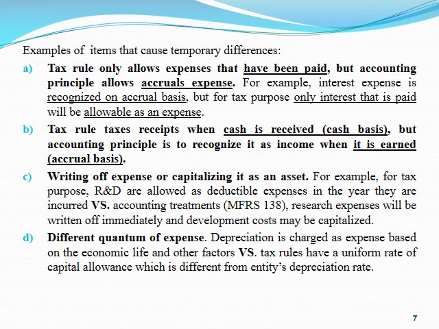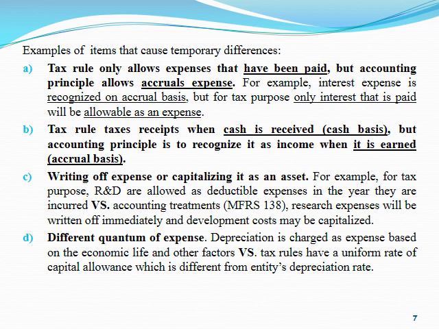Examples of items that cause temporary differences are: A, tax rules only allow expenses that have been paid, but accounting principles allow accrual expense. For example, interest expense is recognized on accrual basis, but for tax purposes, only interest that is paid will be allowable as an expense.